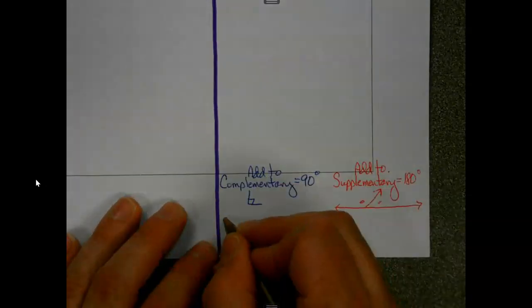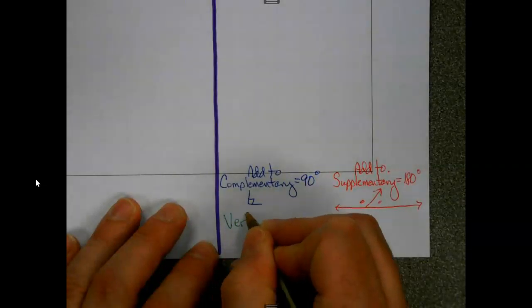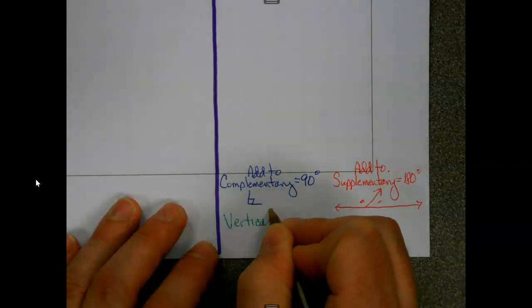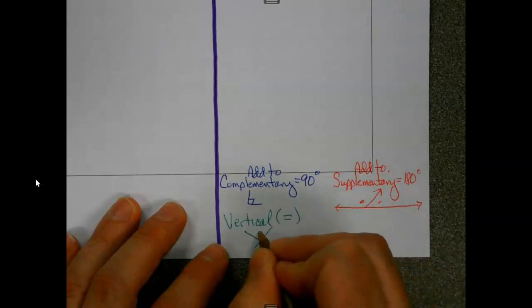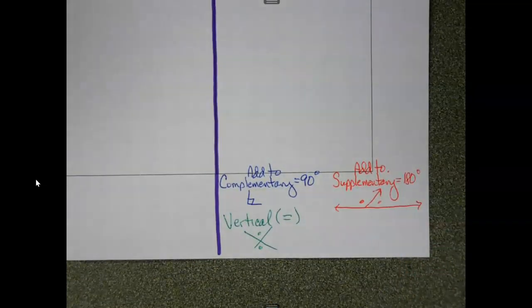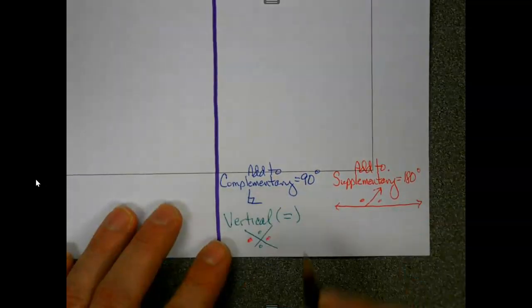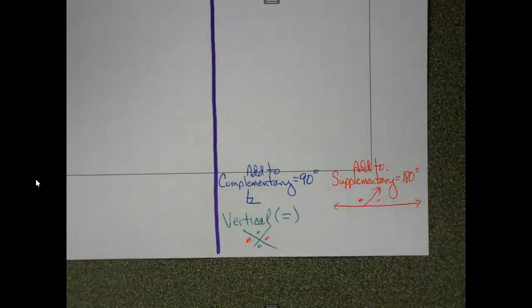And then finally, we have vertical angles that are equal to each other. And they're always across from each other as well.